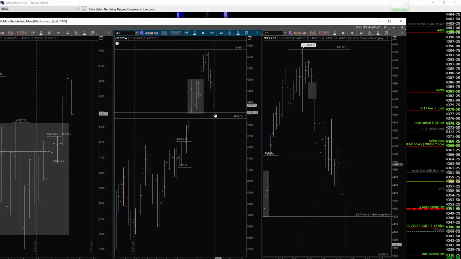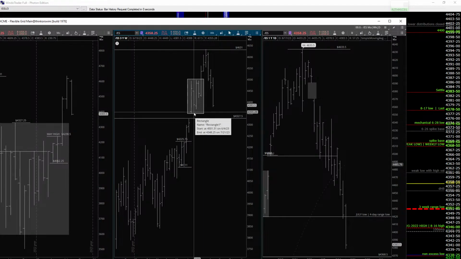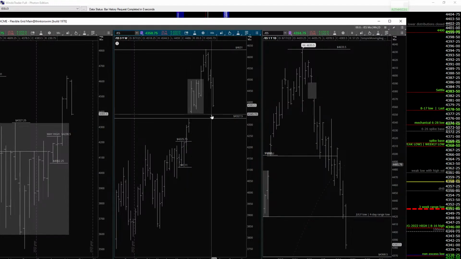I think today what we have to pay special attention to is what happens when the market reaches this level here. The market is not that far from this level. It's very close. The 46 is very close, because this is when things can change. Traders keep buying the dips.